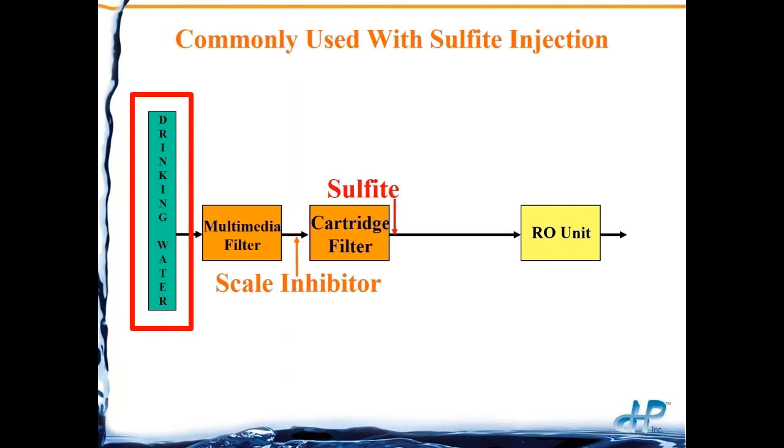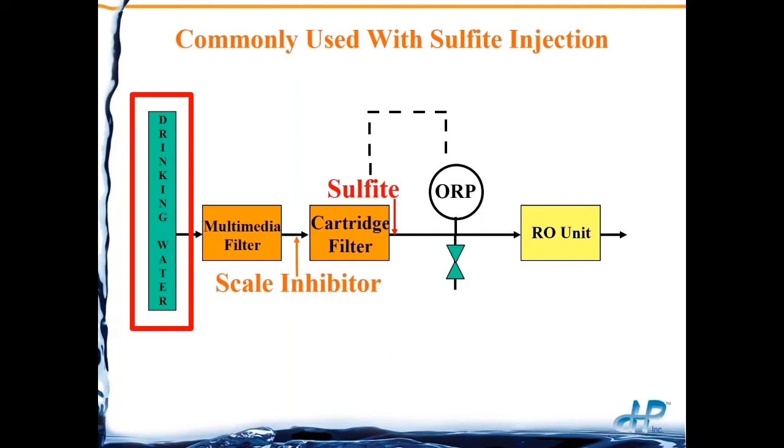Well, drinking water is chlorinated, so this injection of sulfite is to protect the RO unit. As an on-stream instrument to make sure that we are completely dechlorinating, we can put an ORP meter downstream of sulfite injection with a feedback to the sulfite injection pump.